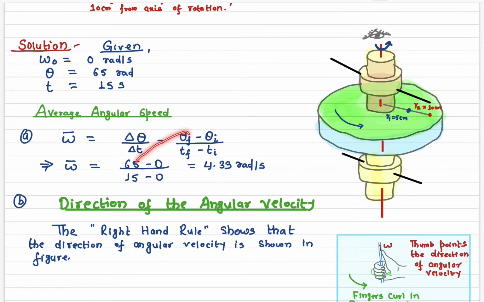So 65 radian minus 0, because it is starting from rest, or we choose that as our reference angle, divided by 15 seconds, and the initial time is 0 again. So 4.33 radian per second is the average angular speed.